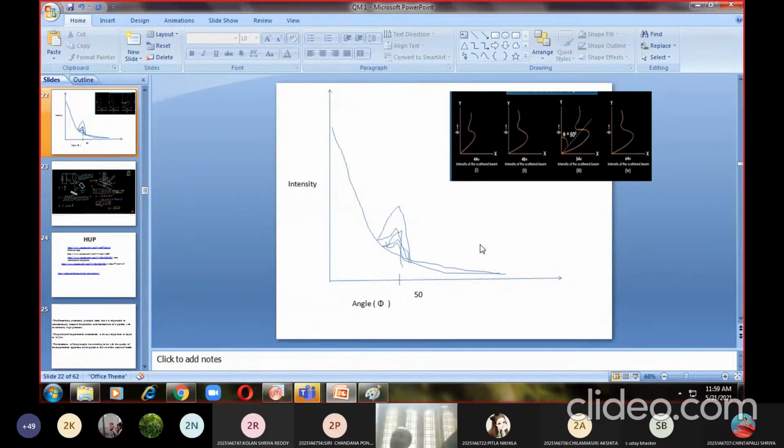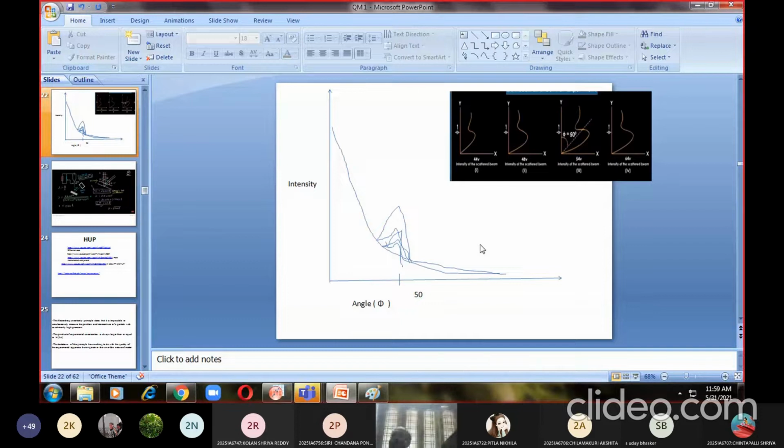For different values of potential I verified, and I found that the peak prominence started at 44 volts. At 44 volts, the peak was very clearly visible. That means the variation was clearly visible. I increased 45, 46, 47, 48, 49, 50, 51, 52, 53, 54, and then 55, 56, 57, 58, 59, 60, like that.